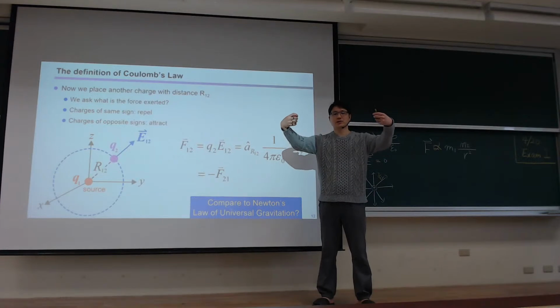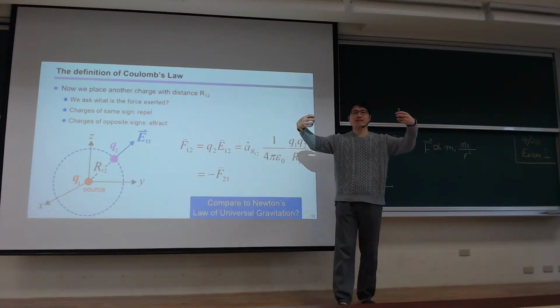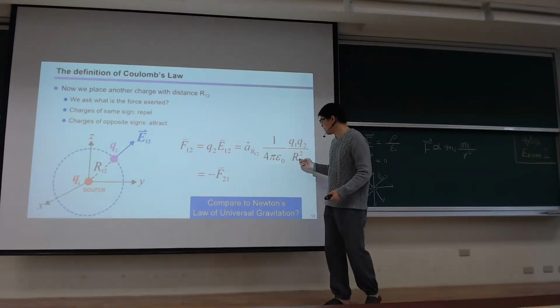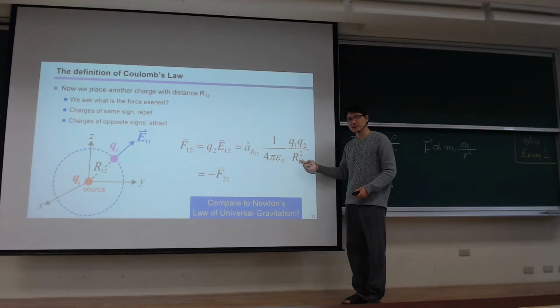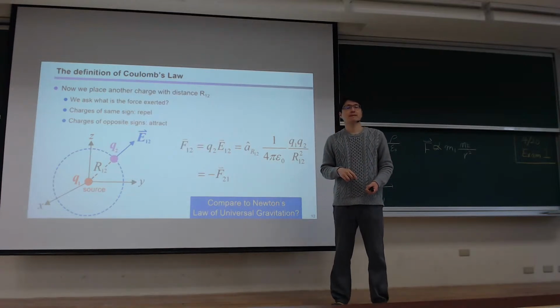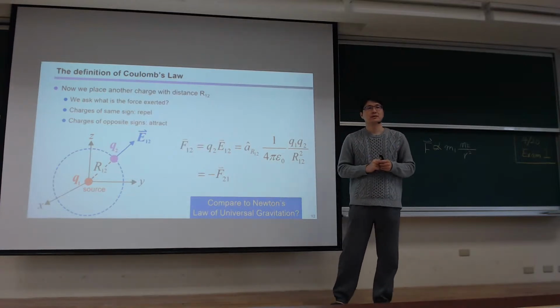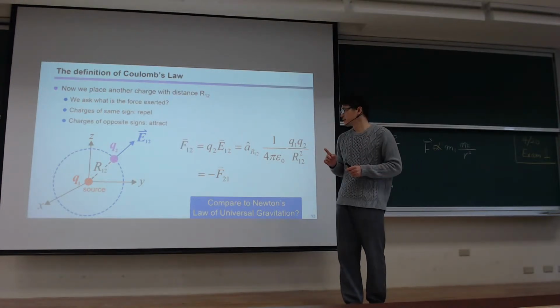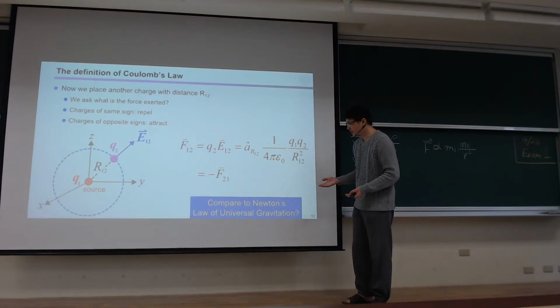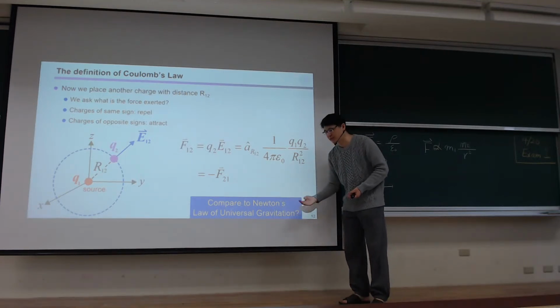So if you have two particles having their masses, they somehow have gravitational force. And that gravitational force is also inversely proportional to the square of the distance, but now you have m1 times m2. Right? So in that sense, Coulomb's law is a cousin or a brother of Newton's law of universal gravitation.